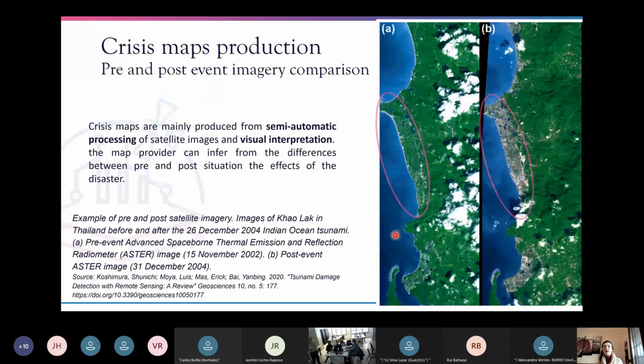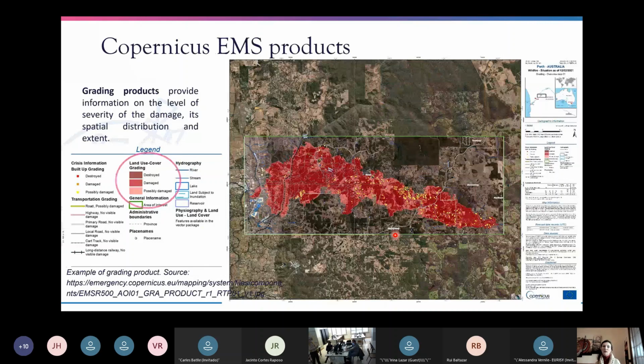Okay, so we have finished with the introduction of what the service is from the point of view of Copernicus. We are now going into a bit of detail, because it will be a fast overview.